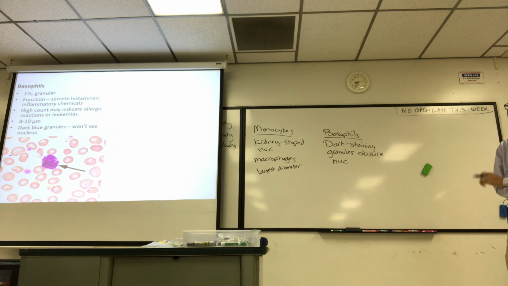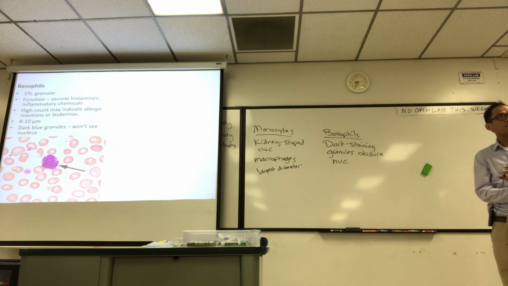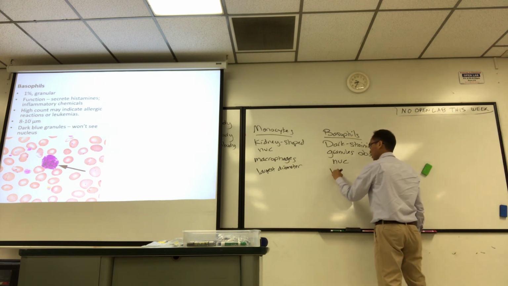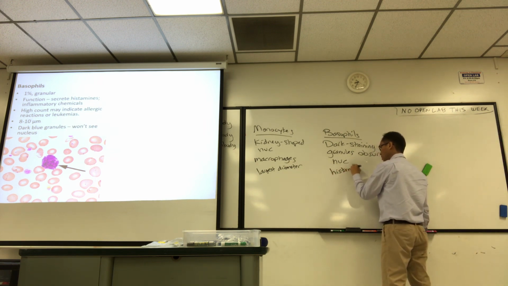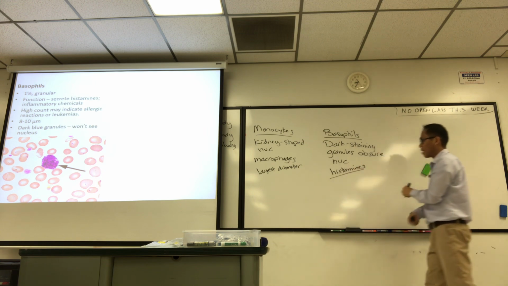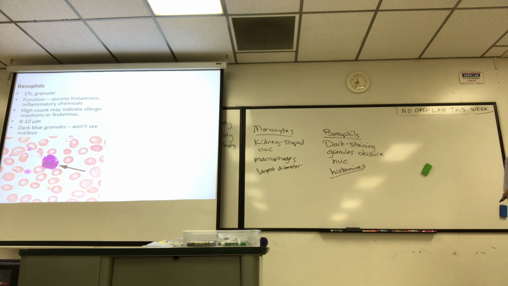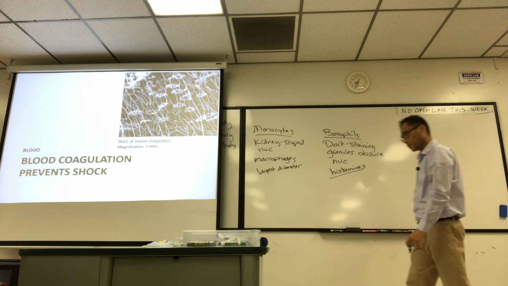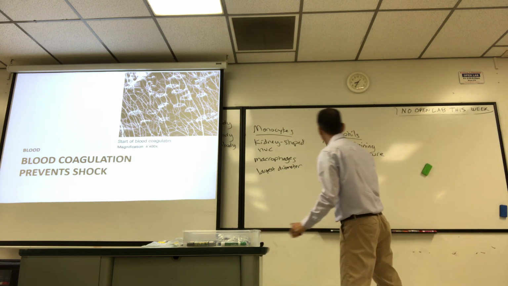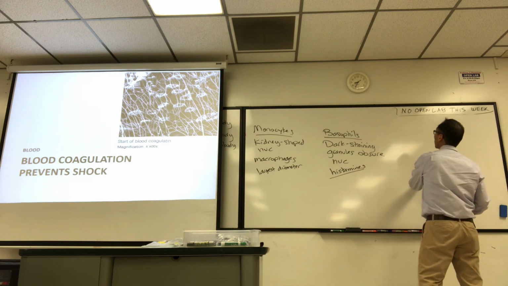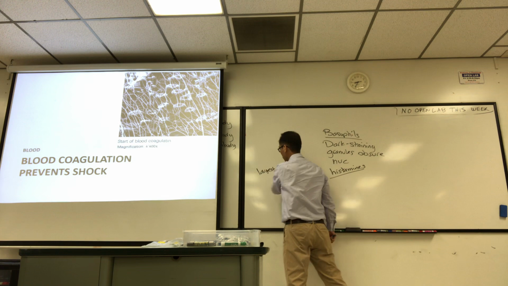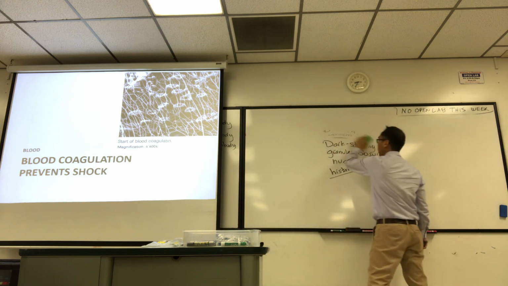Well, anyways, they secrete histamines. Histamines cause the swelling, the drainage when you have allergies. It's very uncomfortable, but those molecules are attracting fluids to the area of infection to kind of flush out the pathogen or the allergen. So those are basophils. So now you know the basic function of some of the white blood cells.